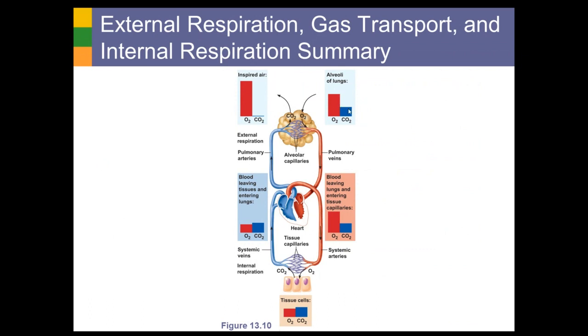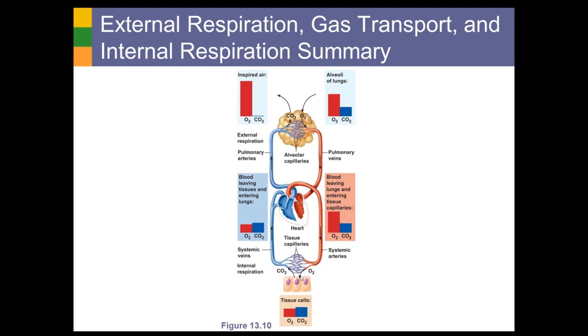It's more of a 2-to-1 oxygen to carbon dioxide. When blood leaves the pulmonary capillaries, the lungs, the ratio of oxygen to carbon dioxide looks very similar to that of the alveoli of the lungs, sort of like the 2-to-1.